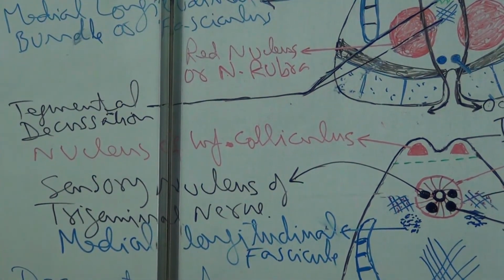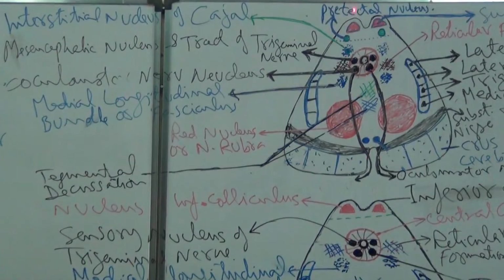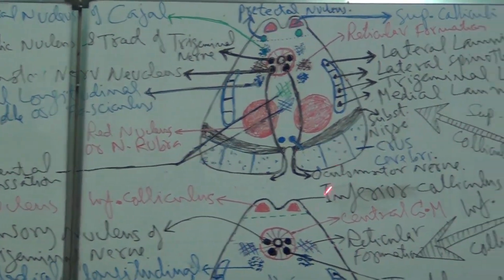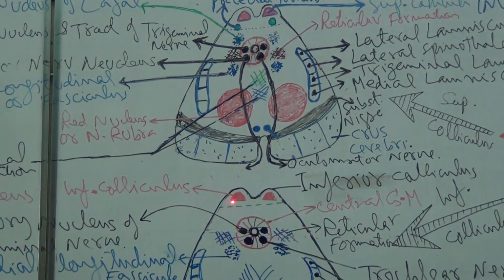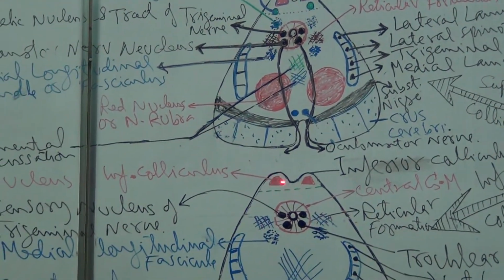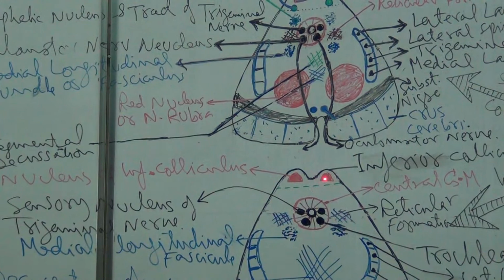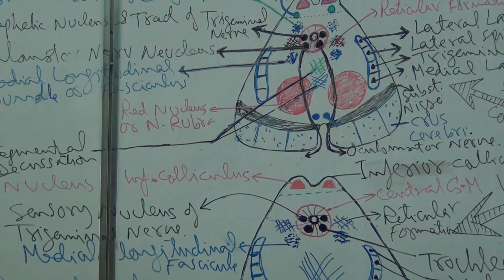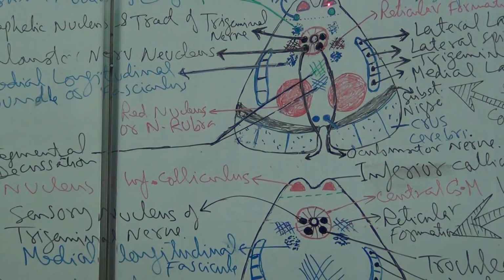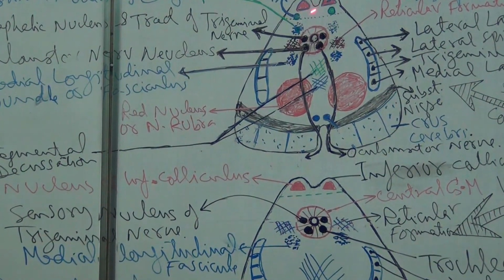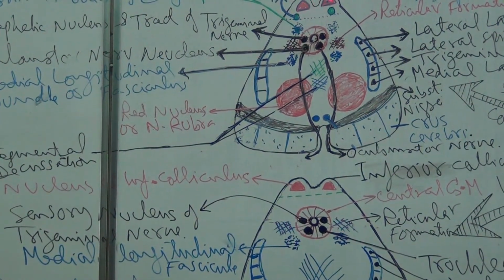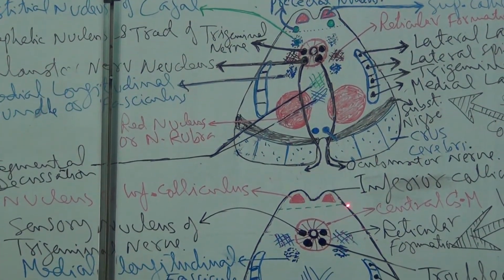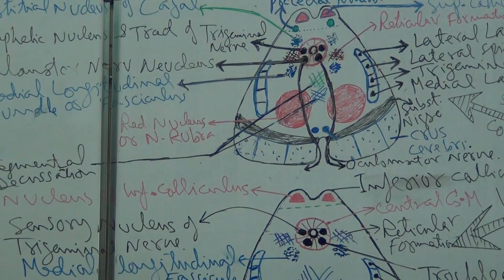In the upper half of the midbrain we saw the superior colliculi, with the nuclei of the superior colliculi beneath them, and in the lower half will be the nuclei of the inferior colliculi. In the upper level, in the tectum of the midbrain, apart from the nuclei of the superior colliculi, there were pretectal nuclei also, but here there are no pretectal nuclei.